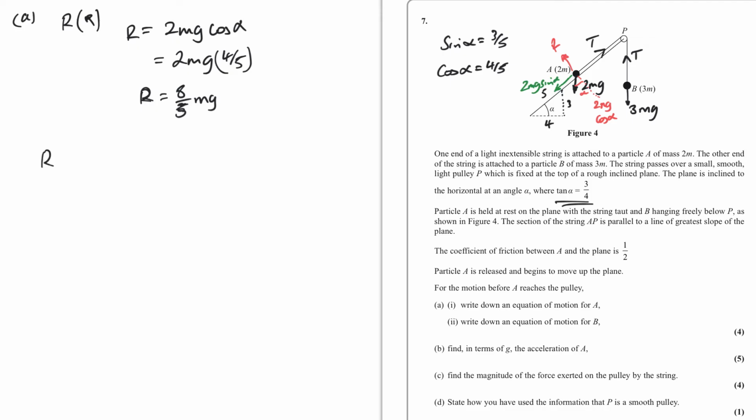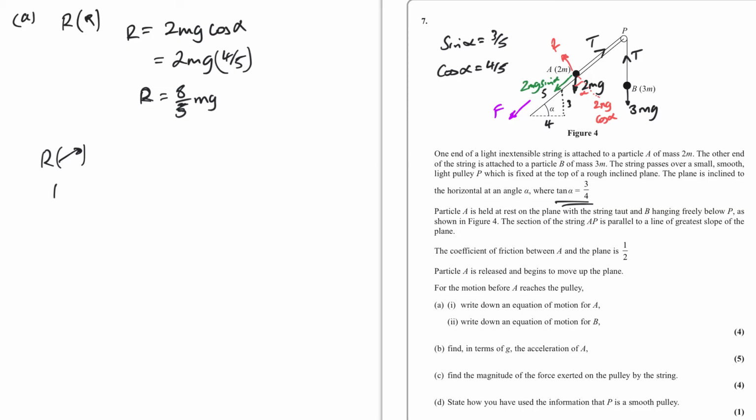Now we want to look at resolving parallel to the plane. It tells me that particle A is released and begins to move up the plane. So that means I've got friction also acting down the plane, isn't it? Friction will act down the plane.